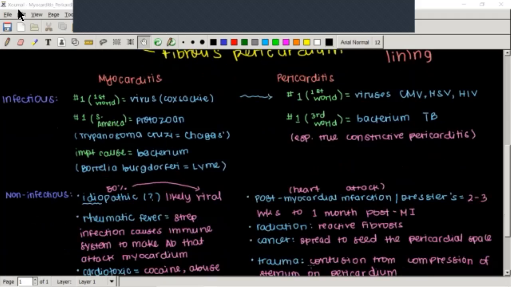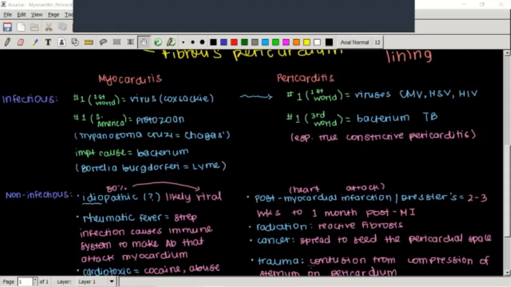The infectious, the number one in the first world is the virus called Coxsackie, which gives you symptoms like high fever, and also ulcers, some bruises, some blisters in your hand, in your face, and on your feet. Actually, that happens more with children, but it can happen with adults also.